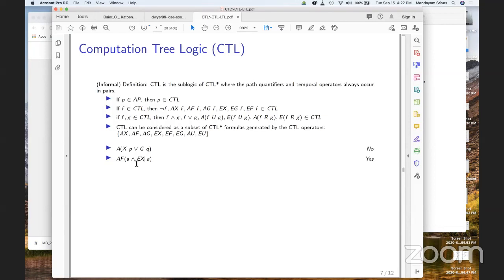That kind of logical operation on state formulas before you apply another CTL operator is allowed. What is not allowed is doing things with the temporal operators, the constructors of path formulas.